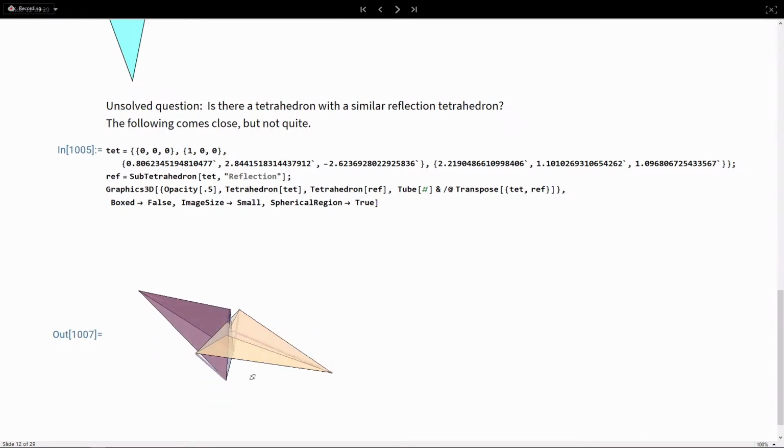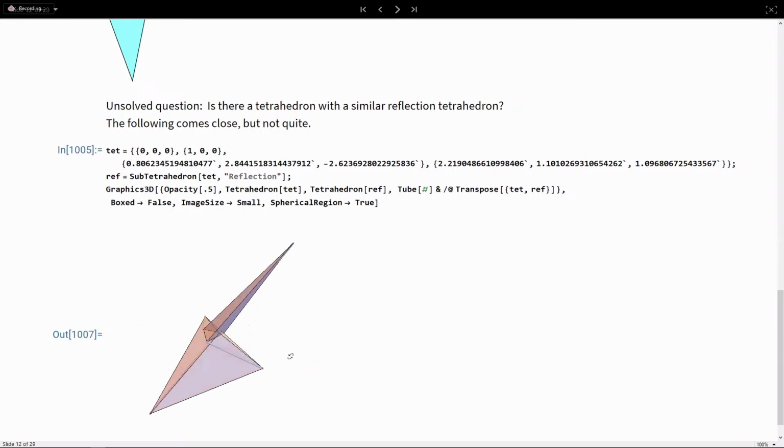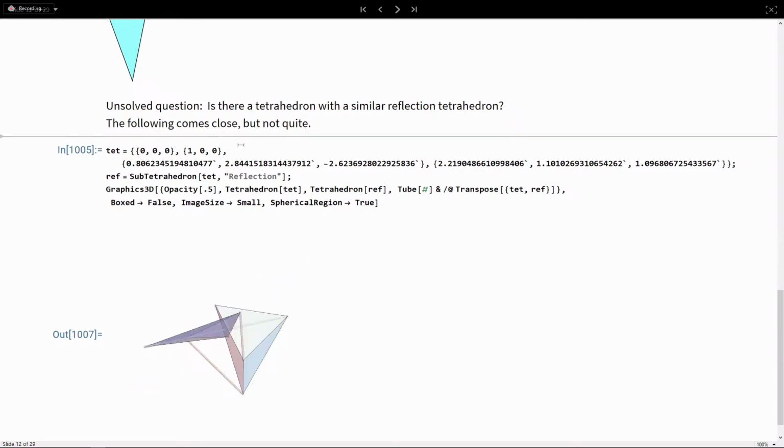We've got an original tetrahedron over here, and we've got the reflected tetrahedron over here, where we reflect each vertex by the plane of its opposite triangle. And when you do those reflections, you get a tetrahedron which is very similar to the original. So this is an unsolved question. Is there a tetrahedron with a similar reflection tetrahedron?